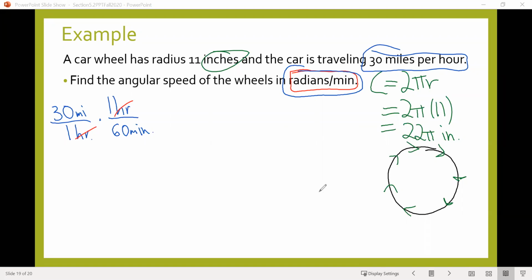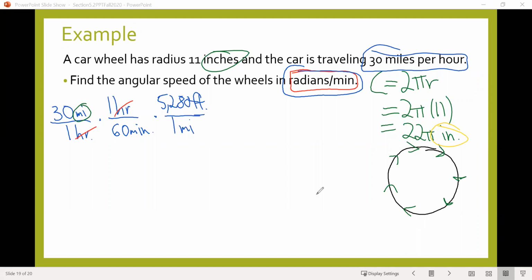Well, the next thing would be to convert the miles there somehow into radians. And we see over here in our circumference of our circle we calculated, we have inches, so it might be helpful to convert those miles into inches. And so to do that, we have to first convert miles into feet. So you may know already that in 1 mile, there are 5,280 feet.